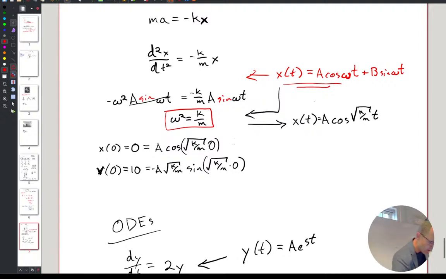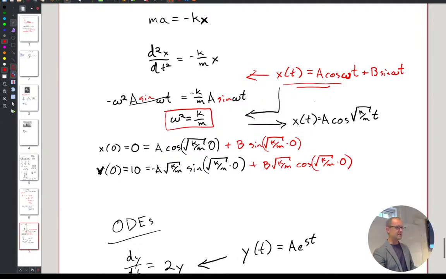It's just now we also have b sine k over m times 0 and b root k over m cosine, so we get those two extra integration constants.